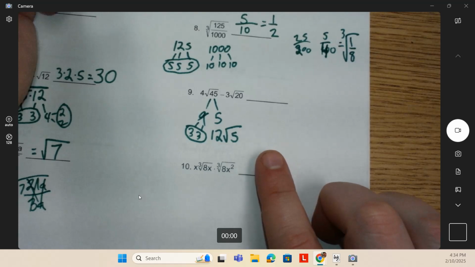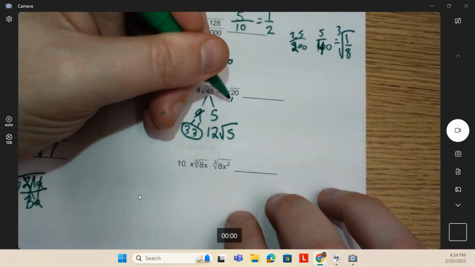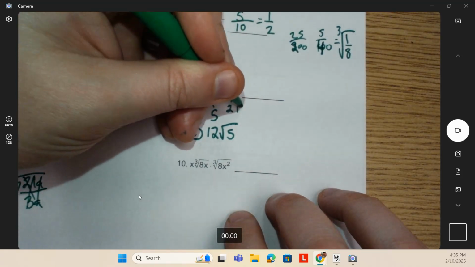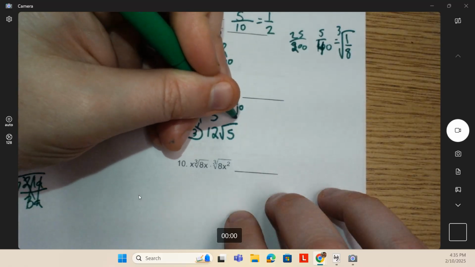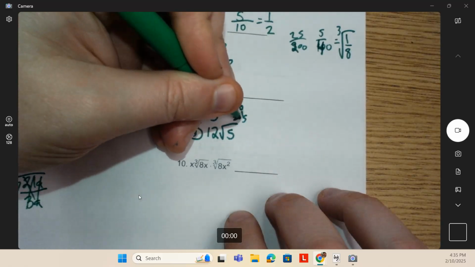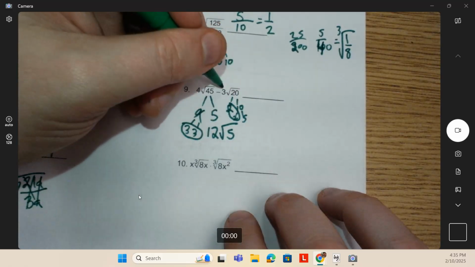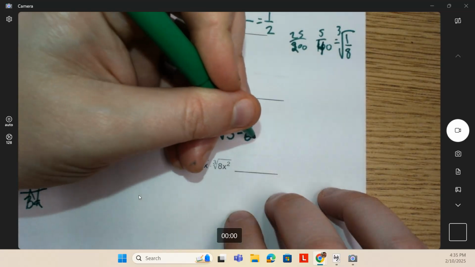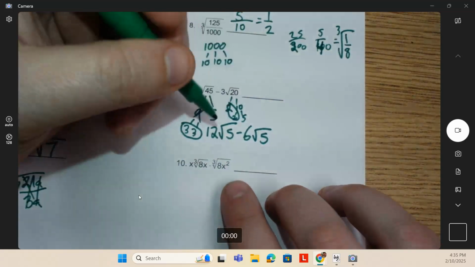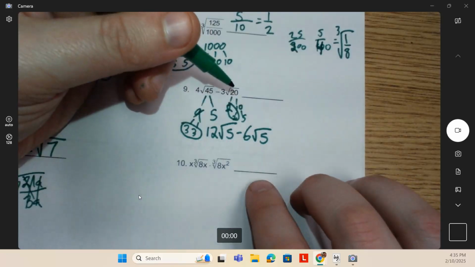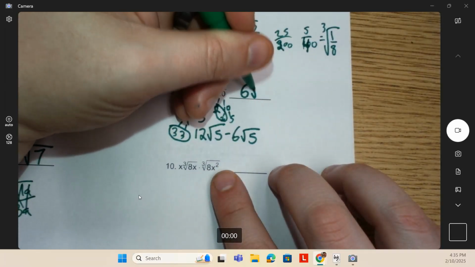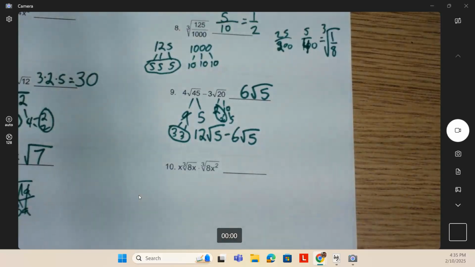Then I've got a -3 square root of 20, which splits up into 2 times 10, splits up into 2 and 5. So that gives me a 2 to multiply by that -3 to get a -6 square root of 5. So now, since they have the same thing at the end, I can subtract. We get 6 square root of 5.